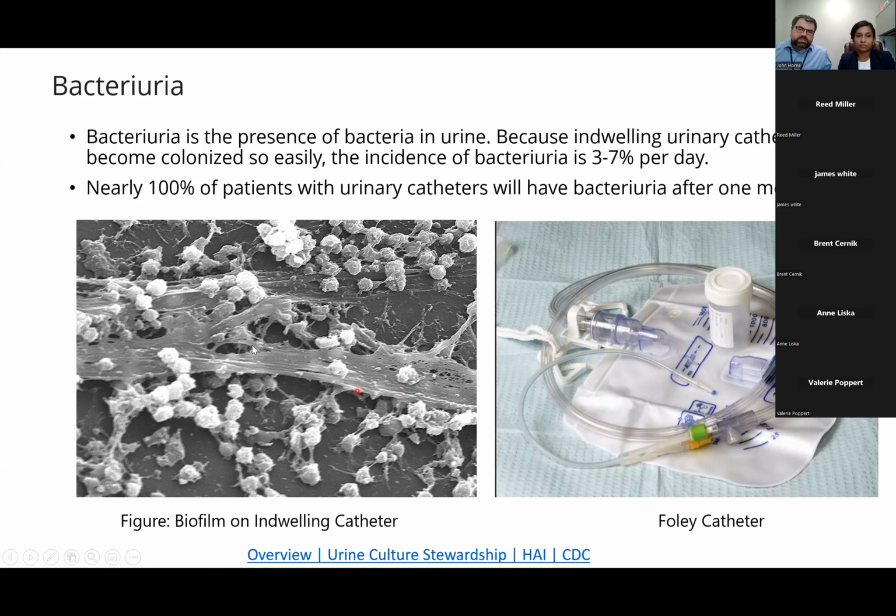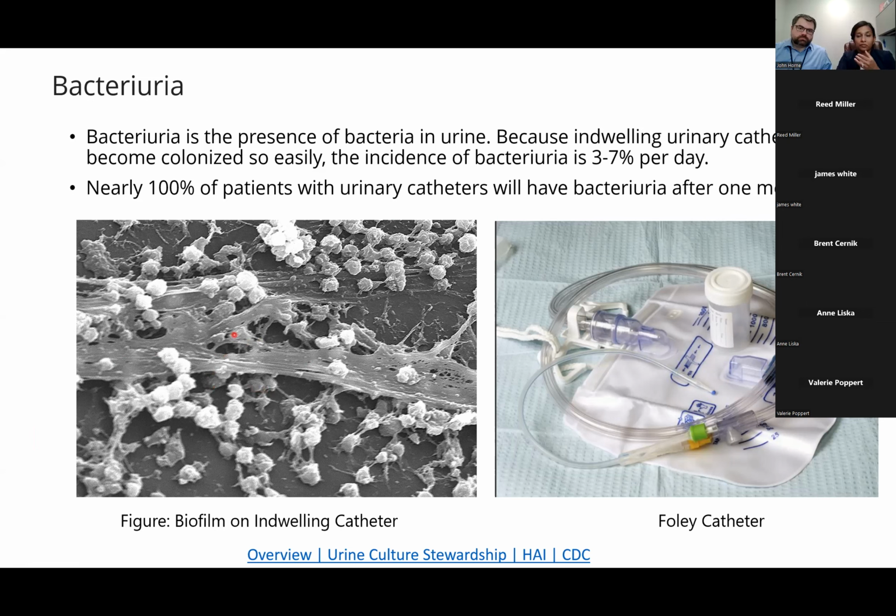It looks like this mucus here, and it helps them not only stick to the plastic, but also protects them from things like the immune system or from the antibiotics. It can be hard for the immune cells or the antibiotics to penetrate the biofilm and kill the bacteria. So if you look here, you can see the biofilm, the sticky material, but underneath it, there's lots of bacteria hiding out.